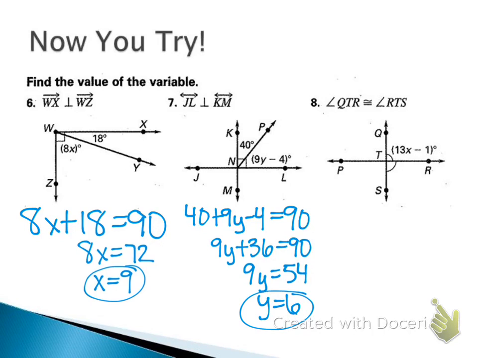The last one, number 8, that one's a little bit different from what we've done. Anybody have any thoughts about number 8? Jaden? No? What did we know about these angles on examples 3 and 4?